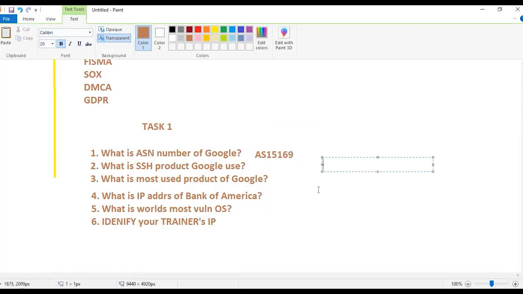Anyone knows? What is the SSH product Google uses? Guys, you can open up your mic. Sir, browser through SSH. I guess at the backend, Google might use Google Drive.